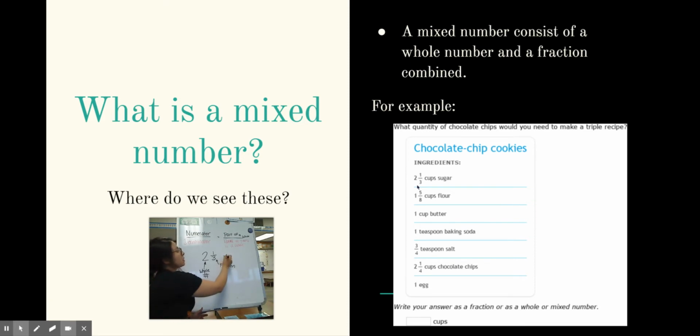So for a mixed number, you have to have a whole number and fraction put together. Otherwise, you're just not mixed, right? So let's see what this would look like as an example, and let's see how we go from 2 1/3 and how to really make that into an improper fraction if it asks us to.